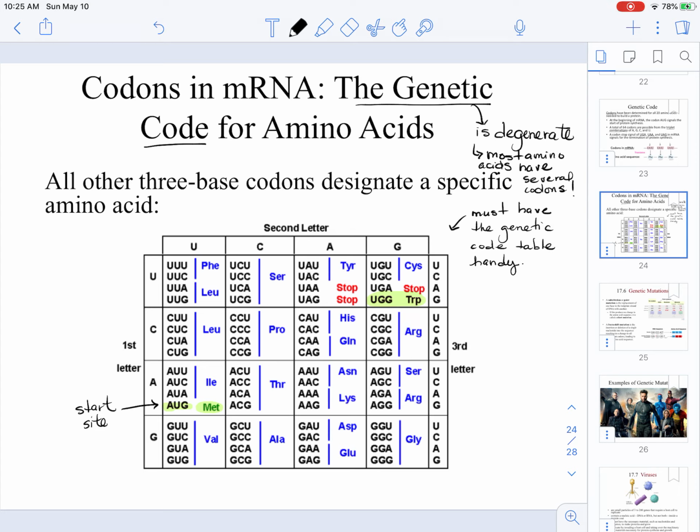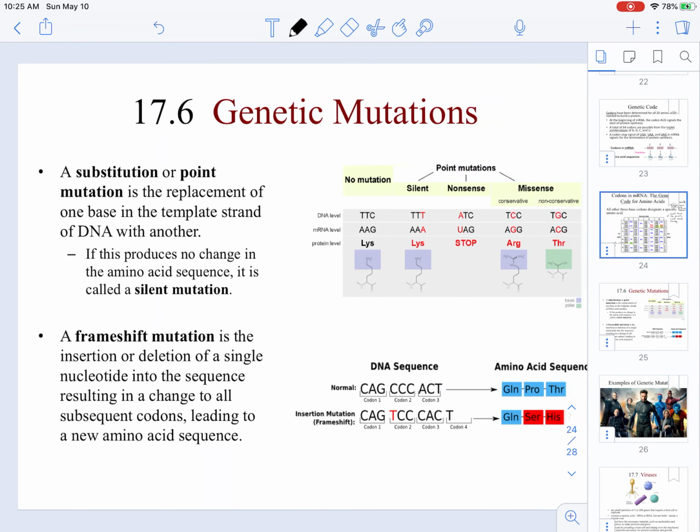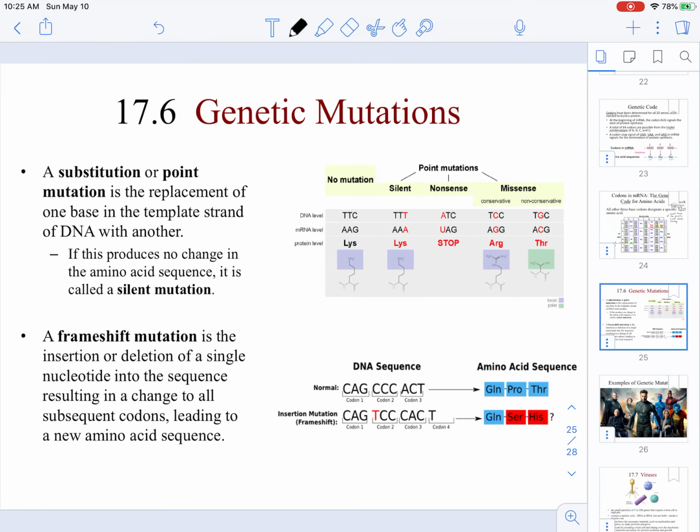Now, we are going to move on to talk about genetic mutations. Genetic mutations can happen during the process of DNA replication. They can happen in transcription, and rarely they happen in translation. Most of them happen during replication or transcription.